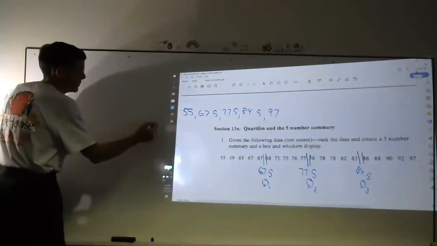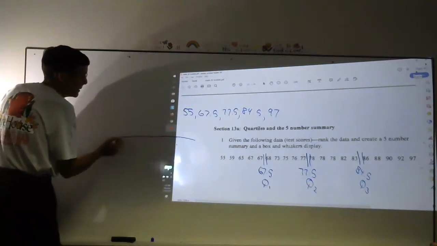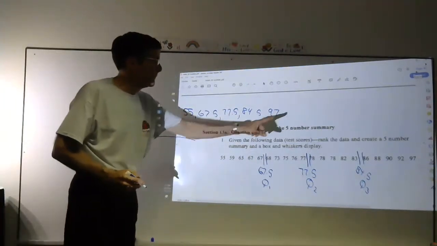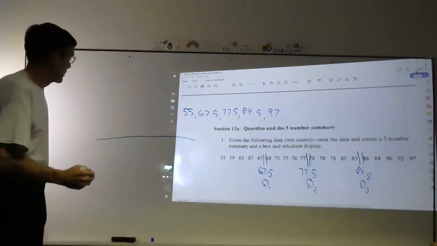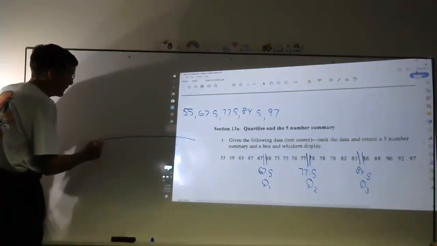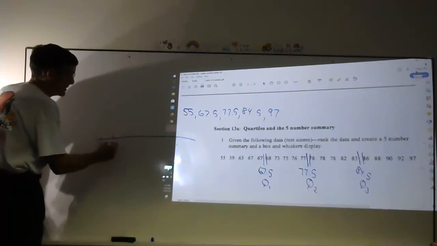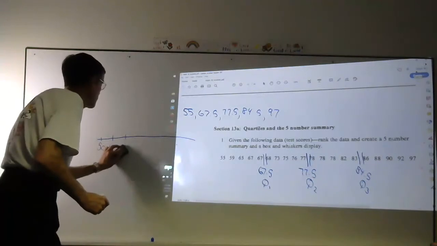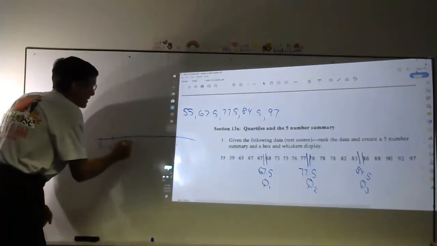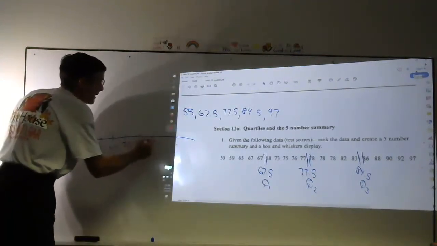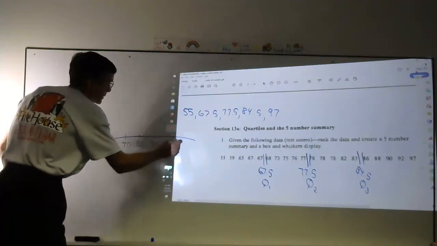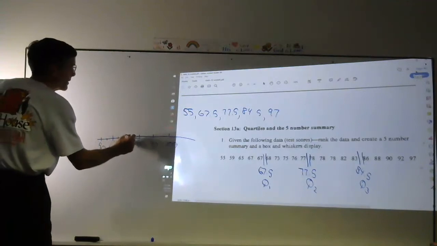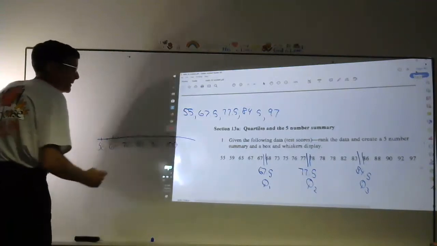So what you need to do is create an x-axis. I need to go from 55 to practically 100. So I'm going to start at 50 and 60, 70 and 80 and 90 and 100. Here's 55, 65, 75, 85, and 95.